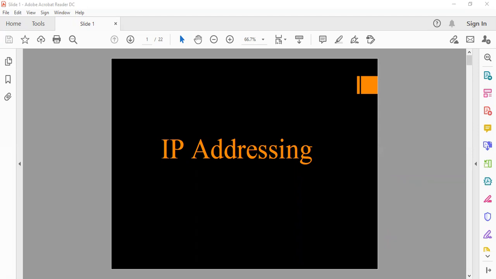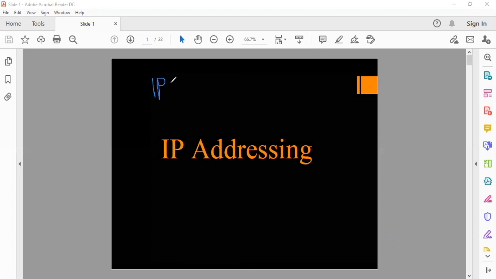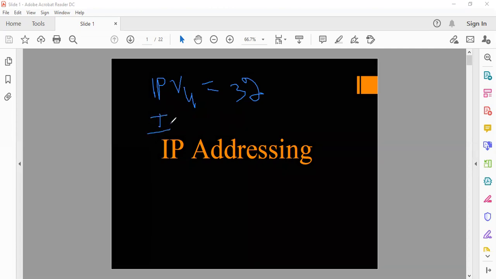Suppose IP version 4 is 32 bits long, while IP version 6 is 128 bits long. Meaning a huge amount.